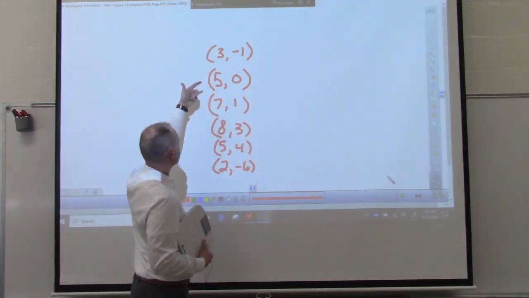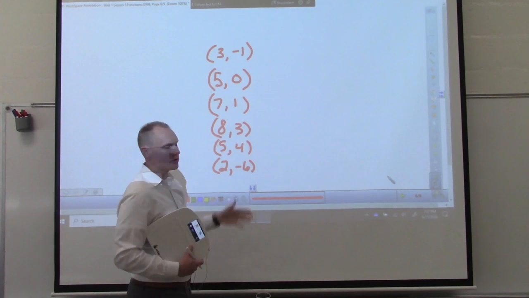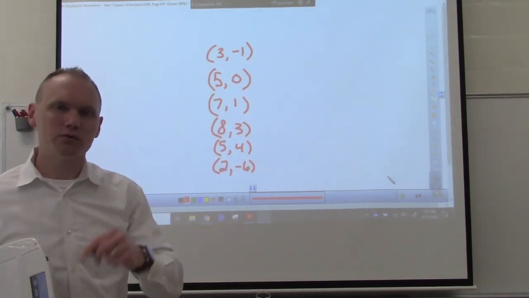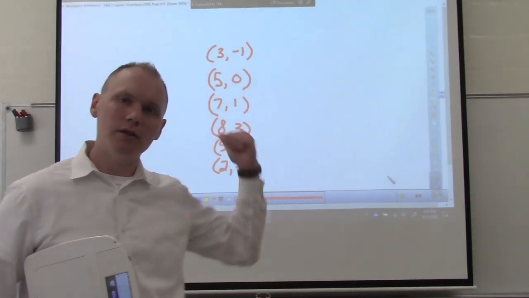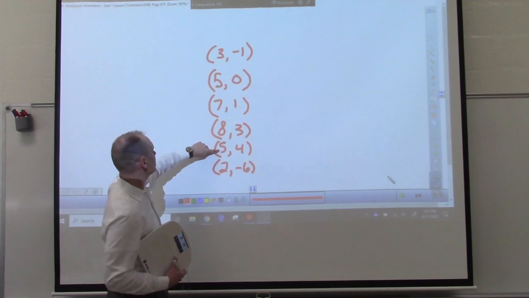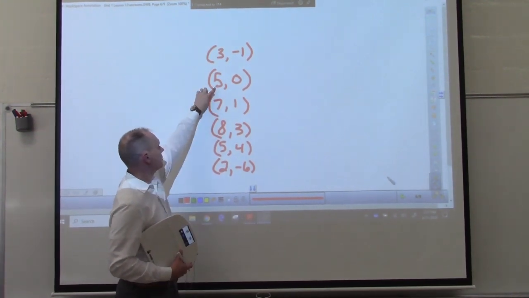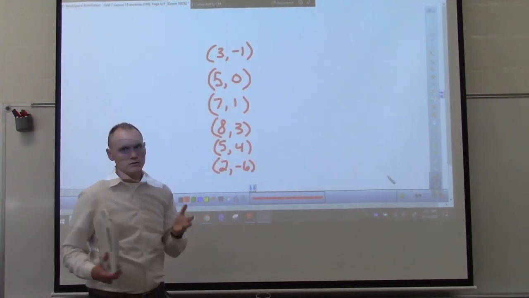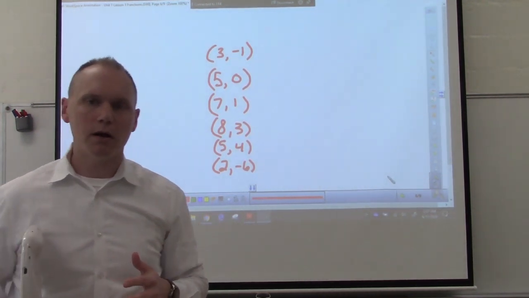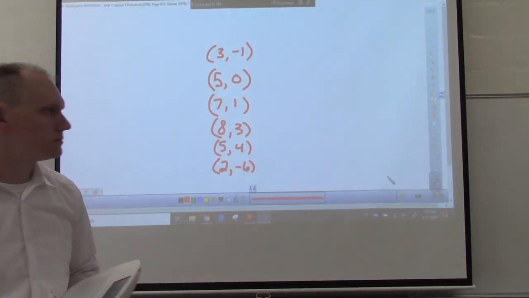These are the inputs, these are the outputs. It's just formatted differently. It's the same relationship. So because of the last one not being a function, this one is also not a function because of this 5 value and this 5 value. Okay? So we're not sure if 5 goes to 0 or 5 goes to 4. So because there's some uncertainty there, it's not a function.